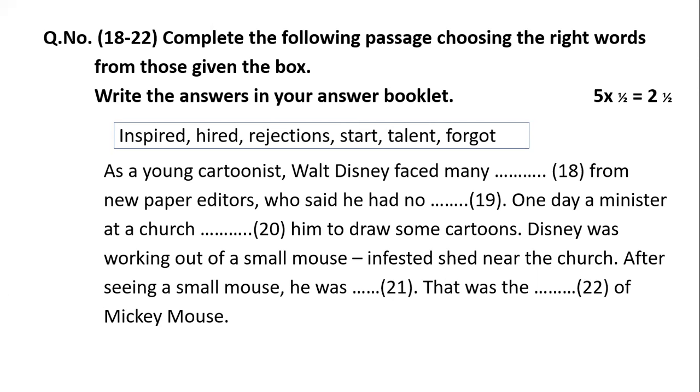Inspired, inspiration, hired, rejections, start, talent, forgot. In the place of 5, they have given more than 5 to just confuse you.